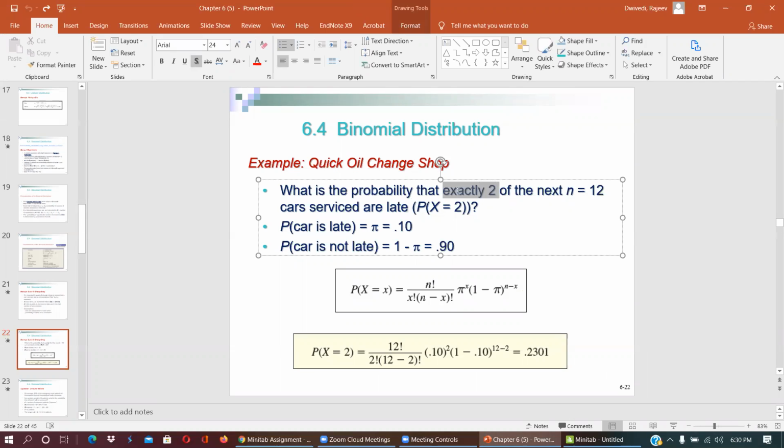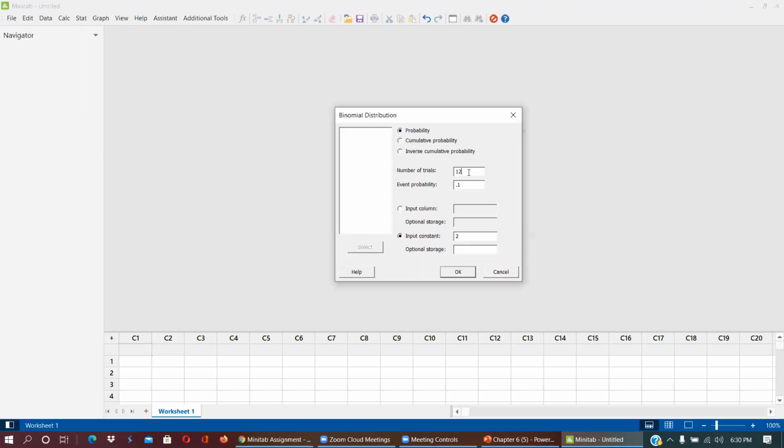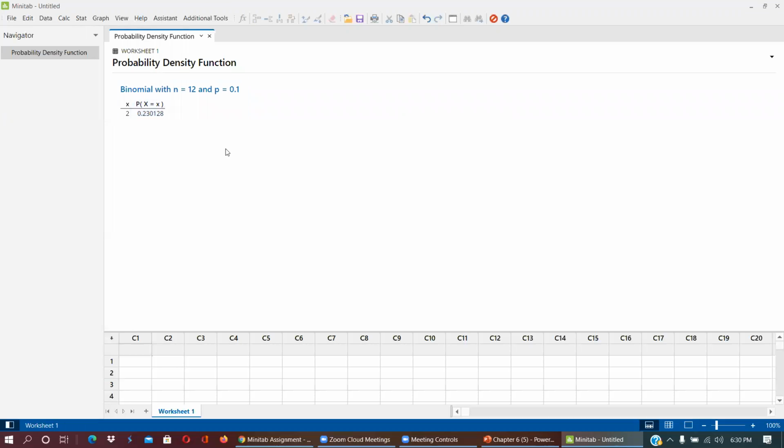We are going to look at the probability of exactly 2 of the next 12, where pi is 10%. So I'm just going to use this. If you can see my binomial output, now you can see the probability of this is 0.23. Can you look into this?